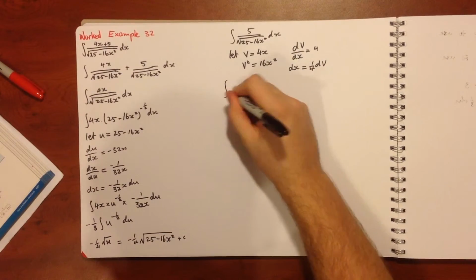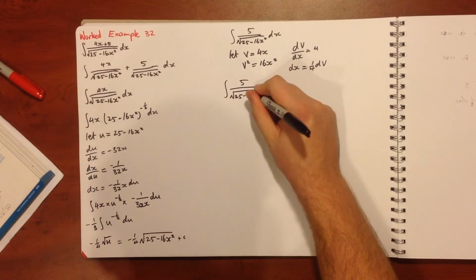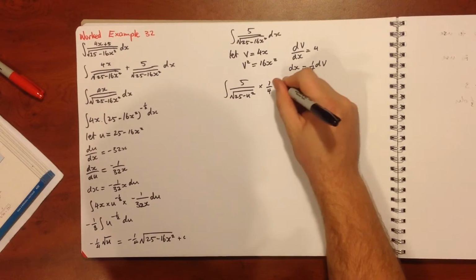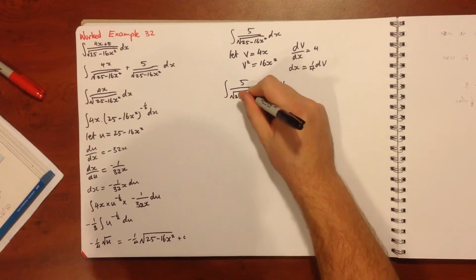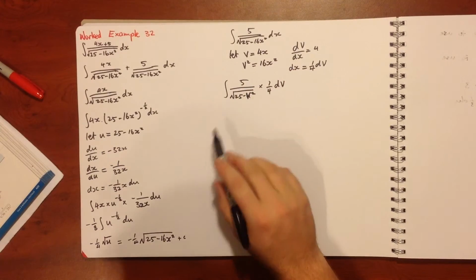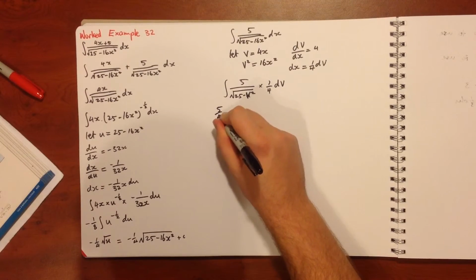So we can set up our equation now. Our integral is now of 5 over the square root of 25 minus u squared, times 1 on 4 dv. Okay, so that should be a v, I've done it myself. It's 25 minus v squared. We bring our 5 on 4 out the front.